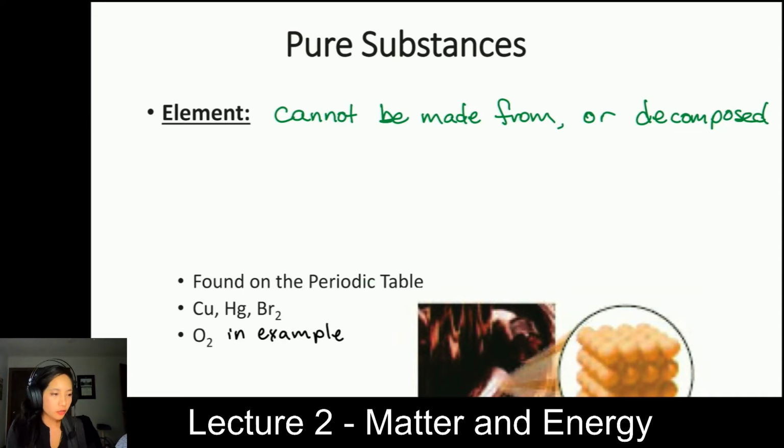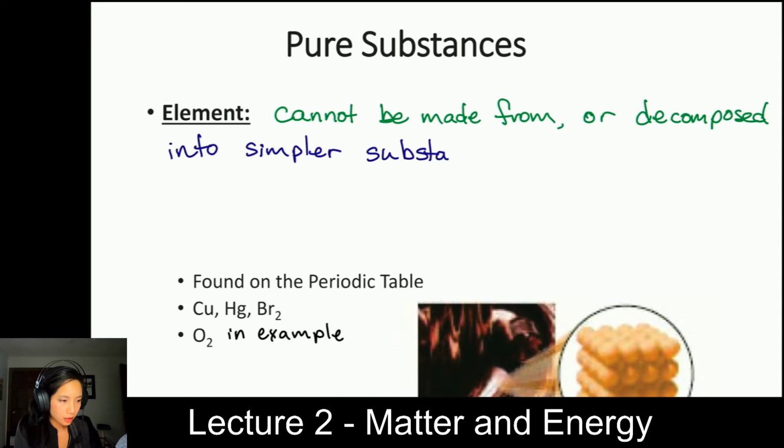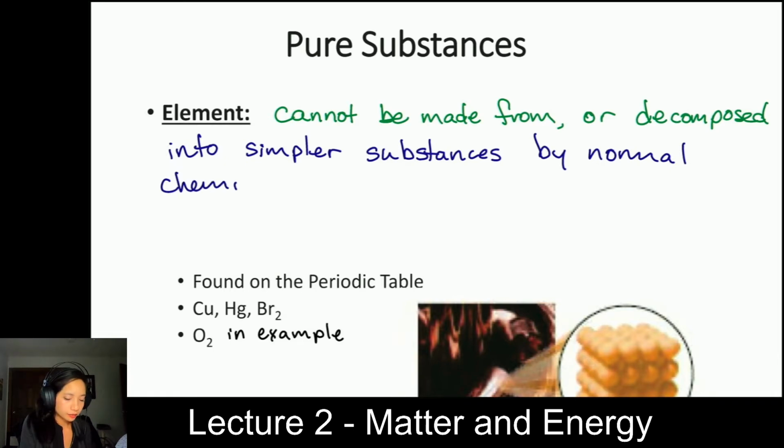Our definition for element is a substance that cannot be made from or decomposed into simpler substances by normal chemical means.